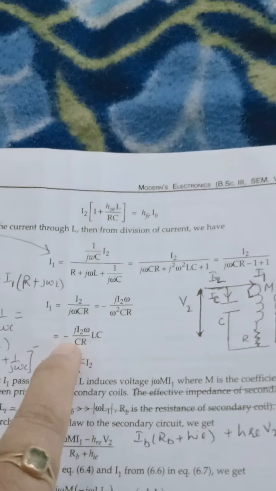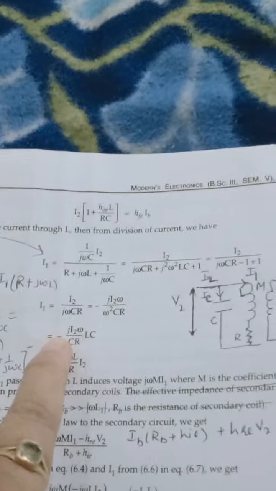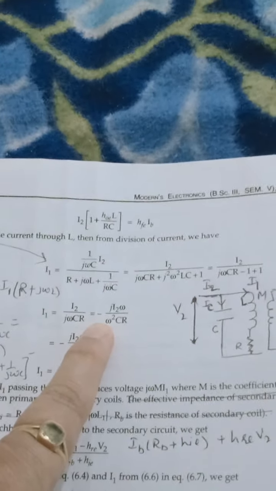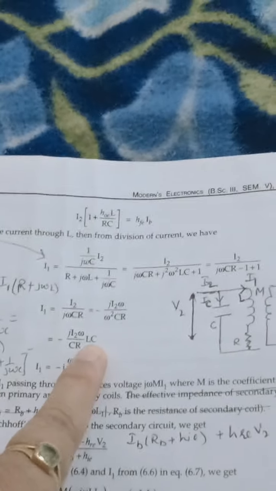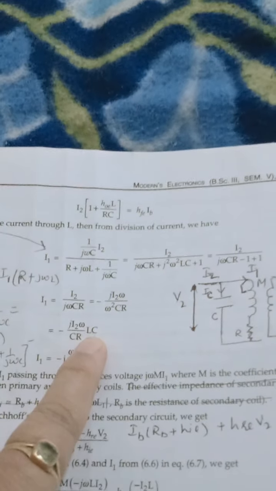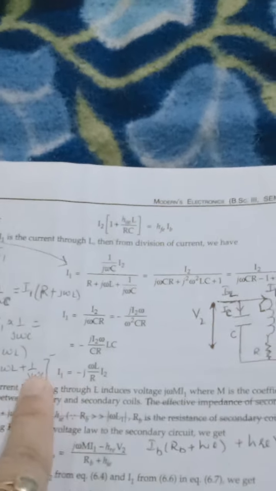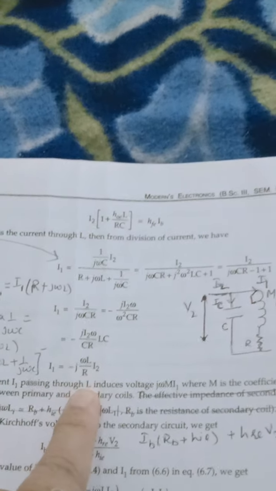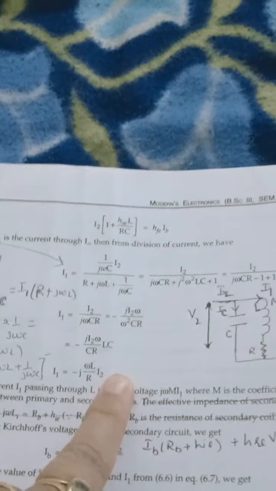So this is a very common mathematical way of doing this and you all are aware of this. And further the value of 1 by omega square is put over here. 1 by omega square is equal to L into C. So cancelling out these terms we get I1 is equal to minus iota omega L upon R into I2.